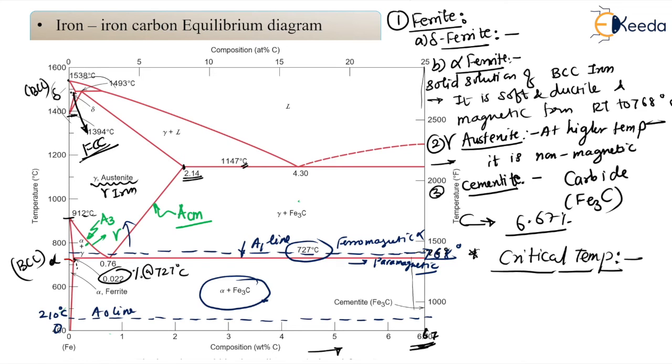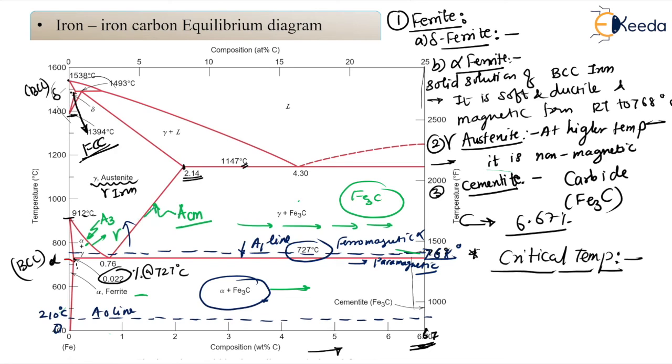Again, because see here, at the extreme, whenever you go to the right on this diagram, there will be the Fe3C, isn't it? Of course there is Fe3C here with this gamma austenite, and here also there is Fe3C with the alpha ferrite, isn't it? So actually, dear students, from here to here there will be the presence of Fe3C.